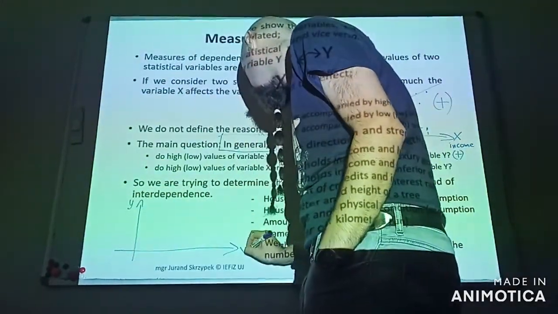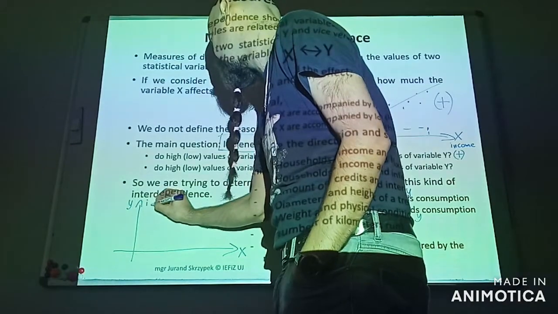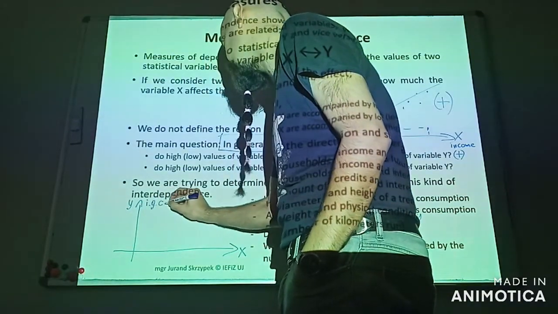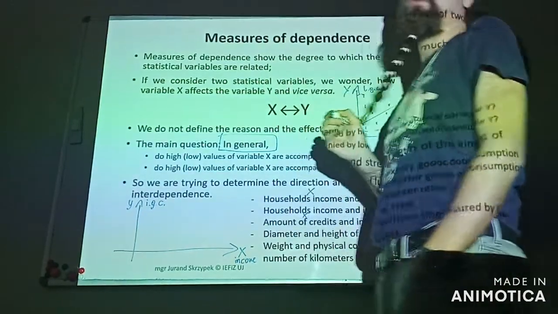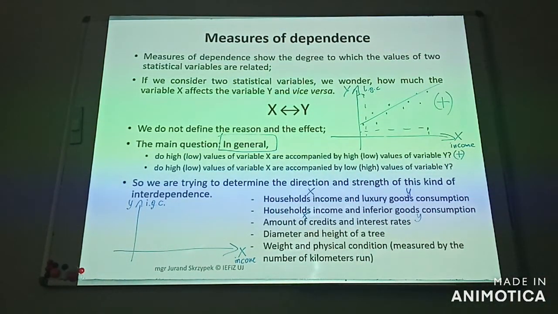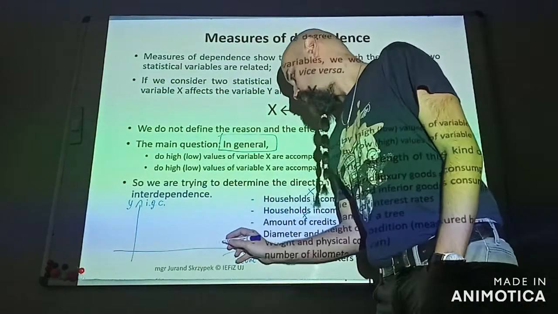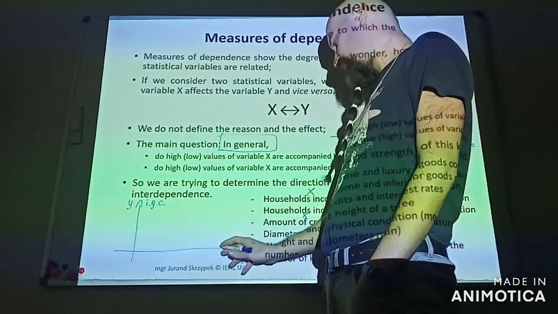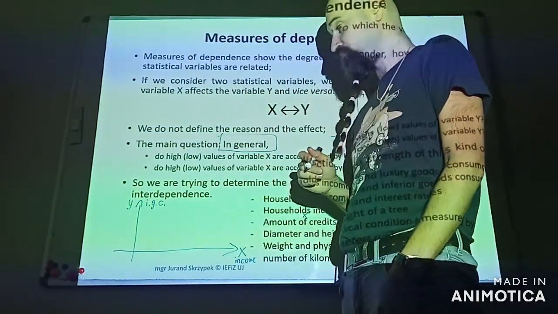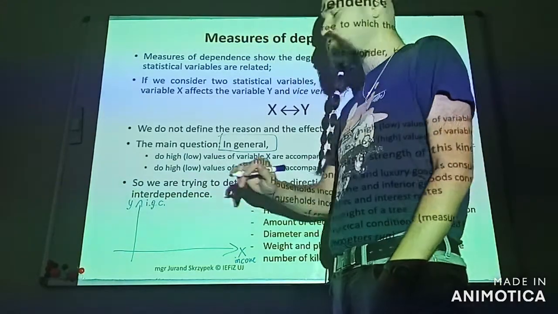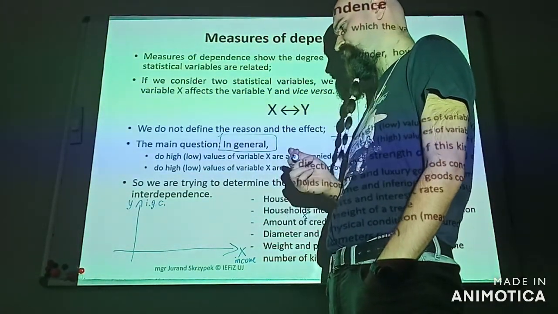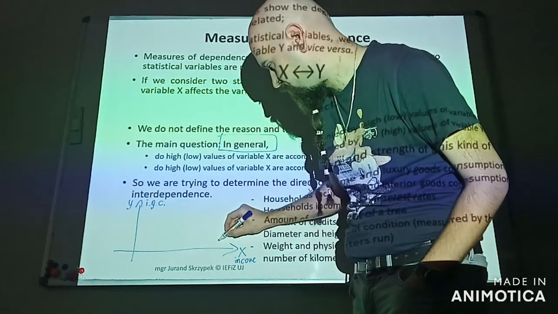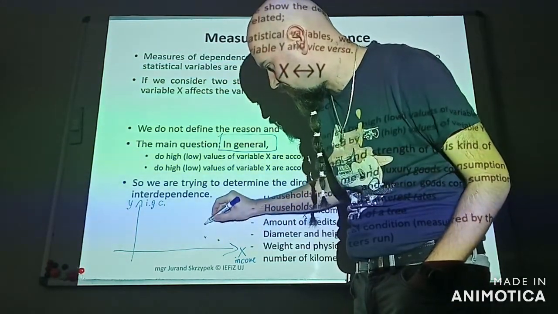Y, X: here we have inferior goods consumption, here we have income. And what do you expect? Of course, we expect that if we have high income, we consume a lower volume of inferior goods. Yeah, like here.